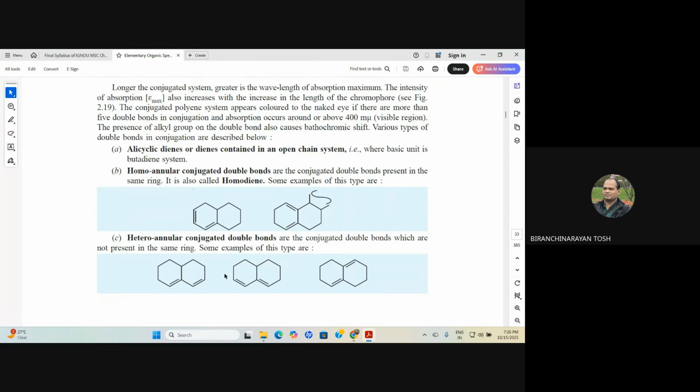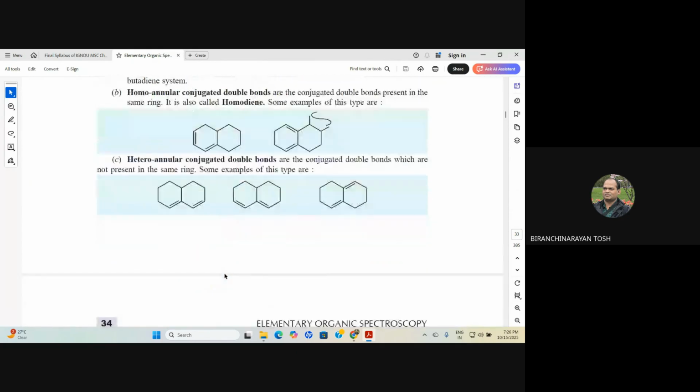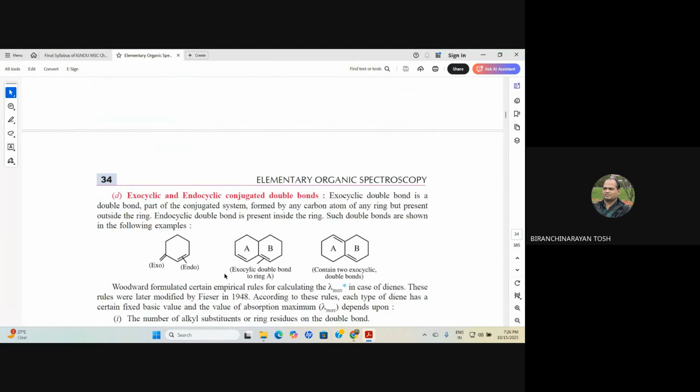As you can see, these three types are there, and the other is exocyclic. Exocyclic means one is out of the cycle. This is endocyclic, inside the cyclic. So an exocyclic double bond is a double bond, part of the conjugated system, formed by any carbon atom of any ring but present outside the ring.